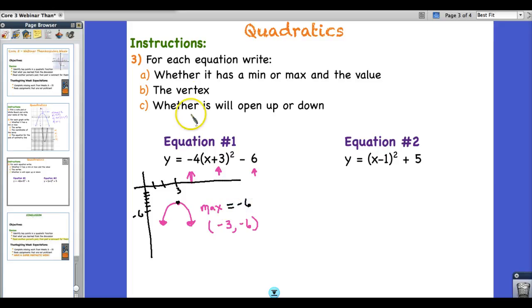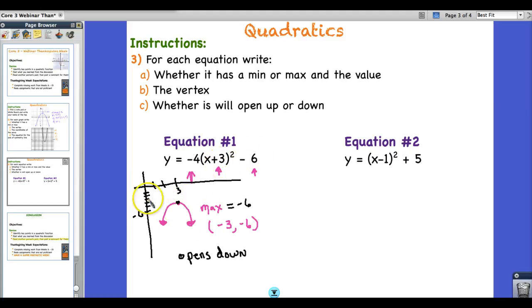Good job. So we did A, we did B, and we did C, right? It opens down. All right, you guys. So think about how I use the equation to give me all this information. I can look in the equation first of all and see if there's a negative, because that tells me if it opens down or opens up, which then tells me if I have a minimum or a maximum. I then look at the transformations.